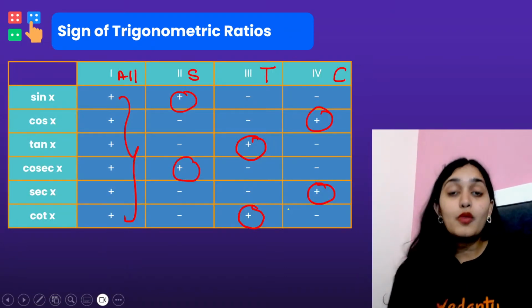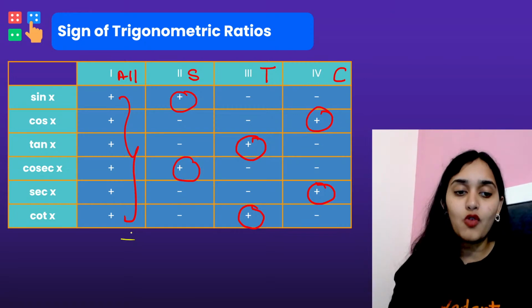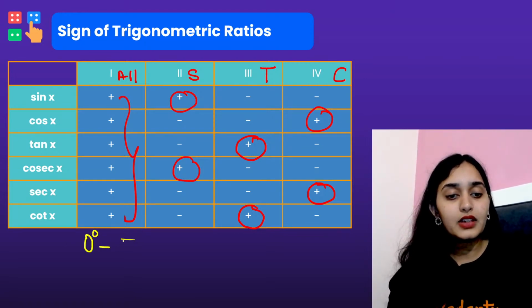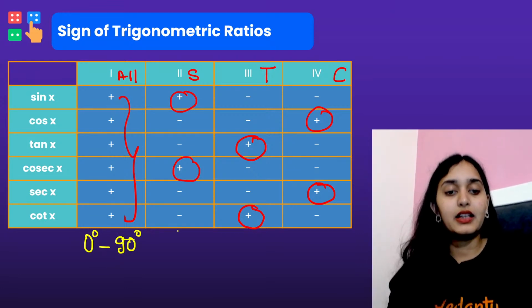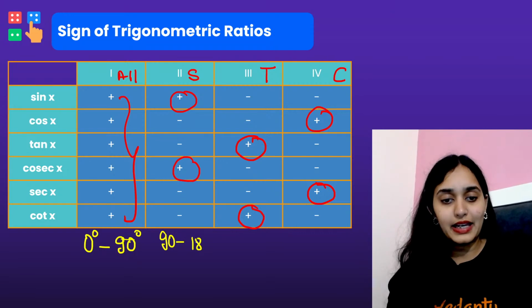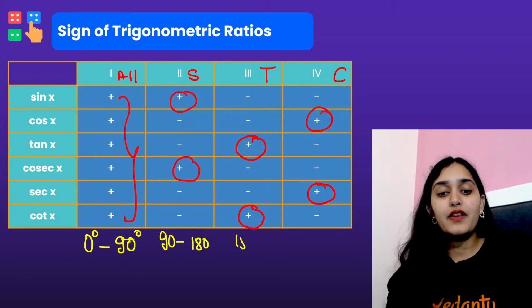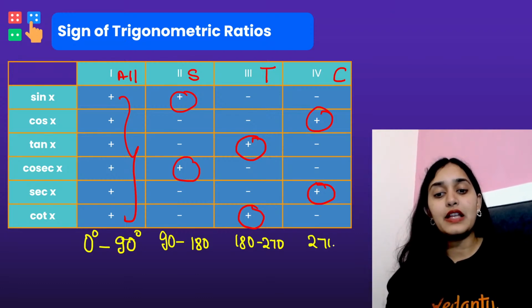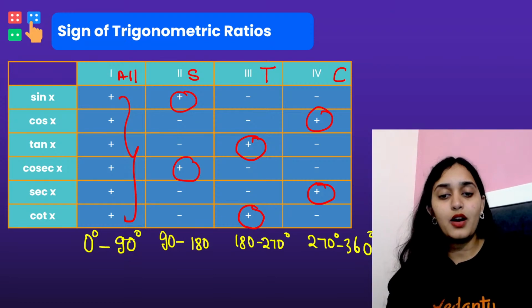It also basically means the first quadrant denotes 0 degree to 90 degree. The second quadrant denotes 90 to 180. Third is 180 to 270. And fourth is 270 to 360 degree. Hope you all know this, right?